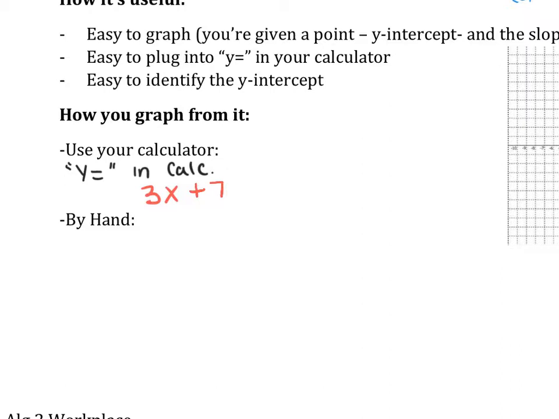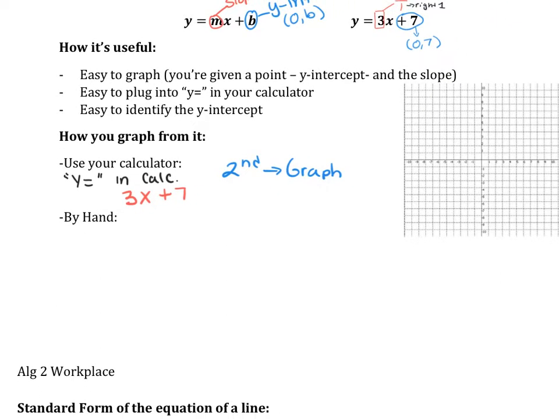Sometimes on your calculator it can be difficult to see specific points. So if you want to see specific points, you can hit the second button and then graph, and that will take you to a table. And then from that table, you can see a bunch of points, plot those points, and connect the dots. So second graph brings you to the table.